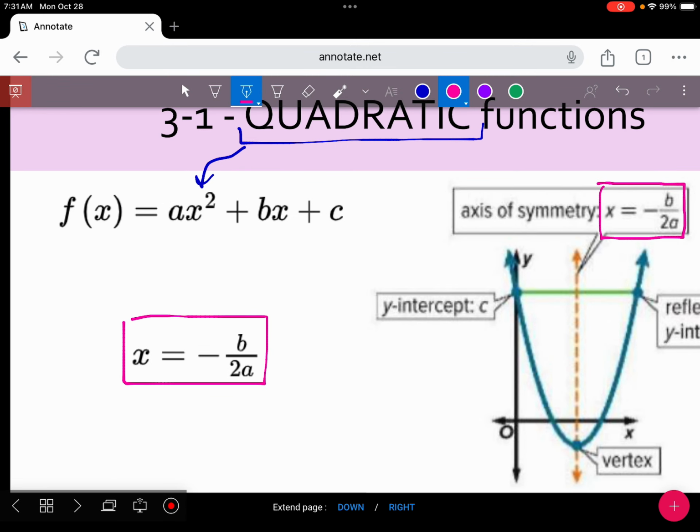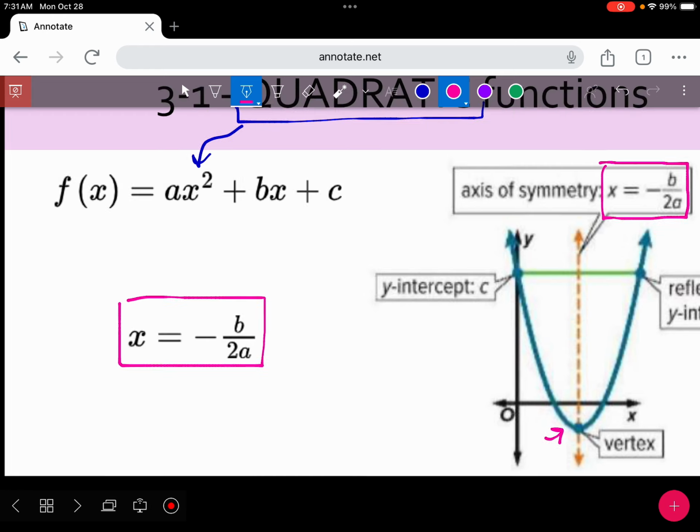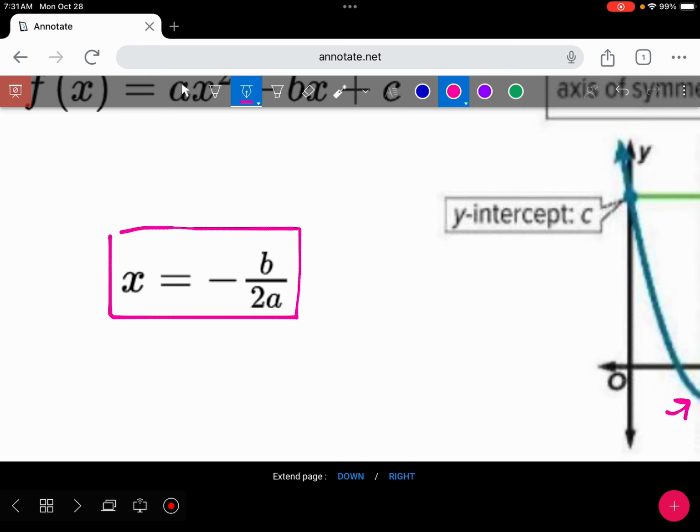The axis of symmetry actually gives us the x value of the vertex. Our axis of symmetry always goes through the vertex, the vertex being the HK point. So our axis of symmetry is always going to be in the center of a table when we're trying to graph.